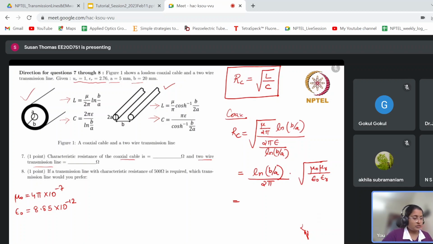I hope you are trying. So ln b by a is 20 by 5, which is 4, by 2 pi into root of mu naught. Mu r is 1. Epsilon r is 2.76.